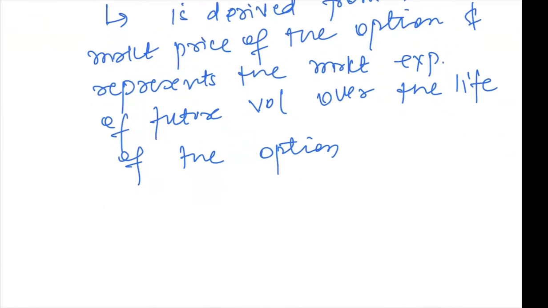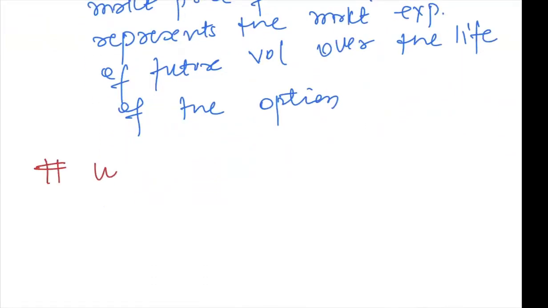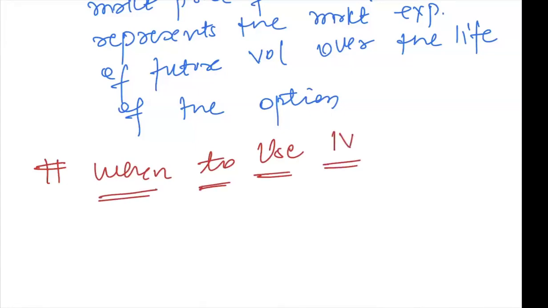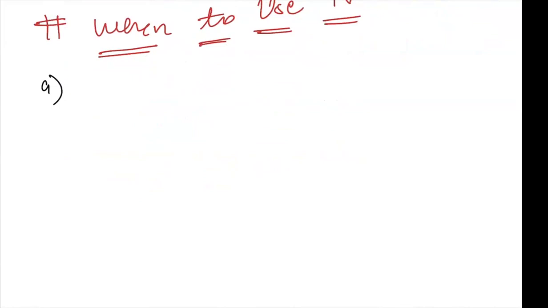So when will you use implied volatility? Let's look at certain situations. First is when you need to do forward-looking analysis.